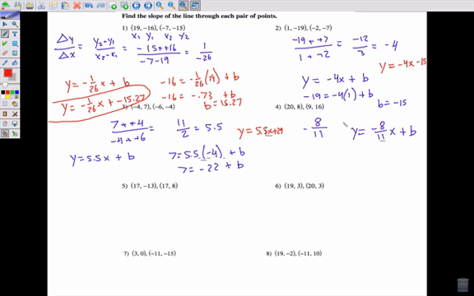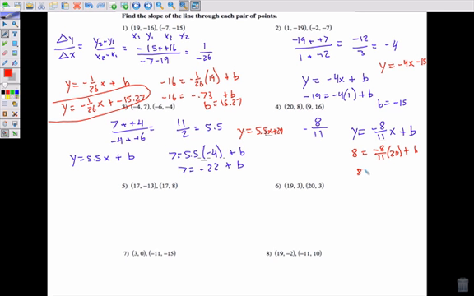And so if I plug in a point, I'm going to plug in 8 for y. And then we'll go 20 for x plus b. Let's see. I can't do this off the top of my head, so I can get a calculator real quick. 8 equals -8/11 is about 0.73, so we'll multiply that by 20.